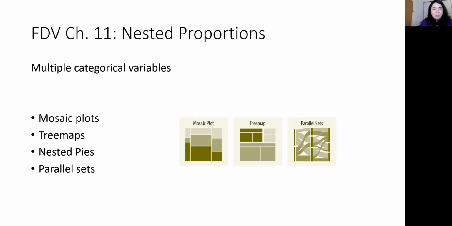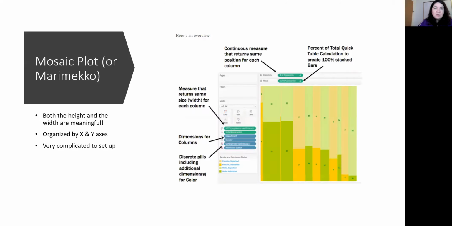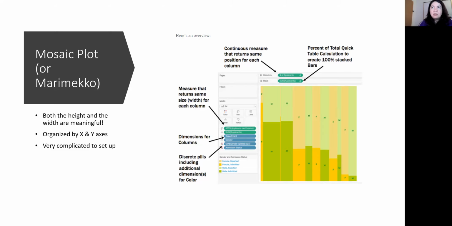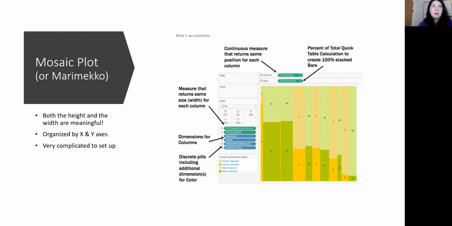All right, so mosaic plots, they're also called Marimekkos, or sometimes just Mekkos for short. These are really interesting because they're basically like combining a column and a row graph together at the same time.